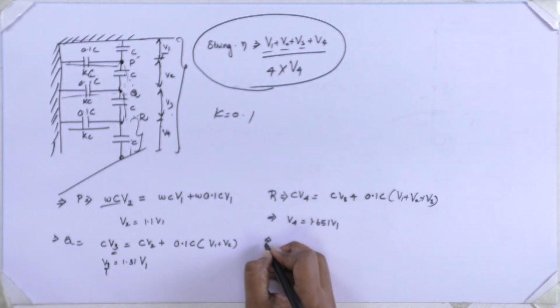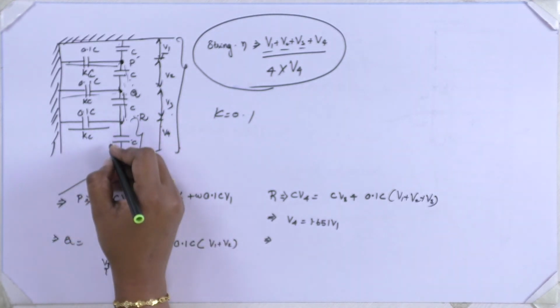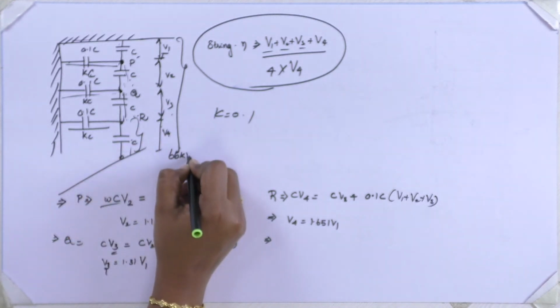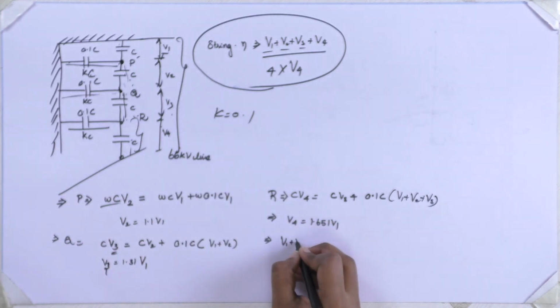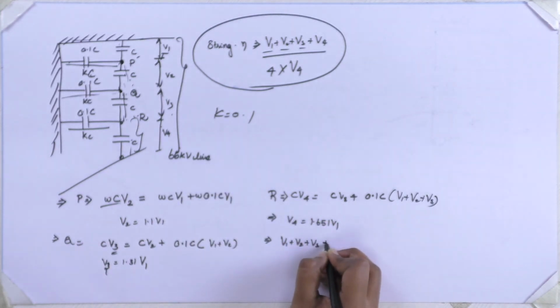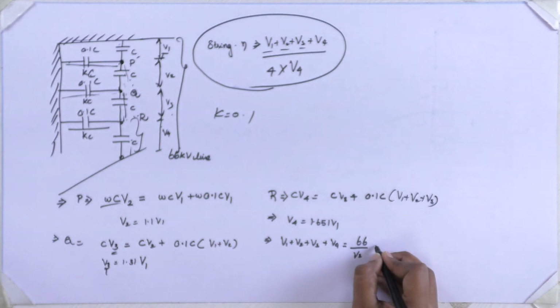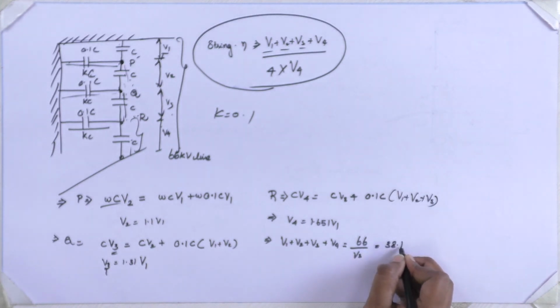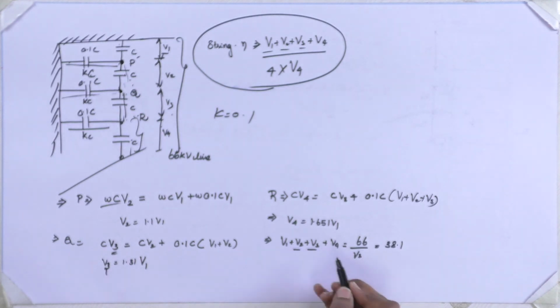If this is a 66 kV line, V1 plus V2 plus V3 plus V4 is equal to the line voltage divided by root 3, which is around 38.1 kV. I know V2, V3 and V4 in terms of V1.